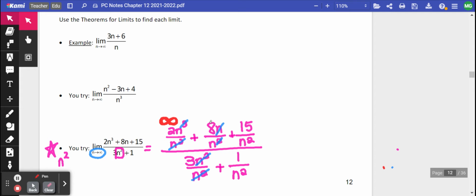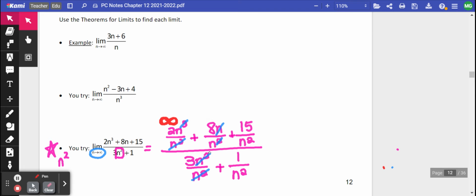The second fraction, we have 8 divided by n. So I want you to think about this. If we had 8 divided by 1, it's 8. 8 divided by 2 is 4. 8 divided by 8 is 1. 8 divided by bigger and bigger numbers, the value of this fraction becomes smaller and smaller.